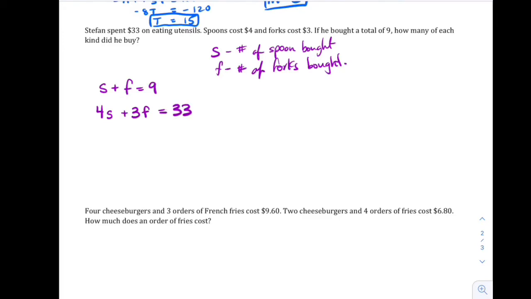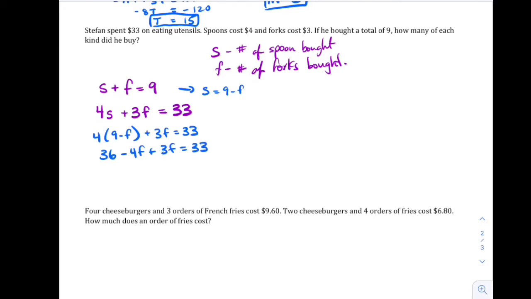So similar to the question above, the setup is almost the same. I'm just going to isolate for one of my variables, same idea we did before. S is equal to 9 minus F, and substitute 9 minus F in for the variable S. As we multiply through, negative 36, I know you know how to do this already.